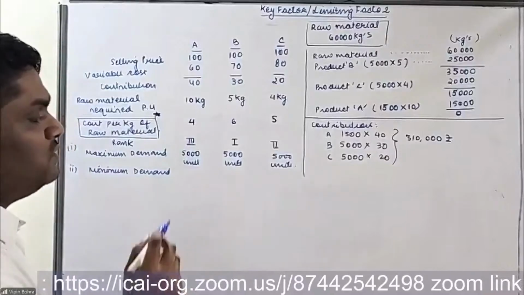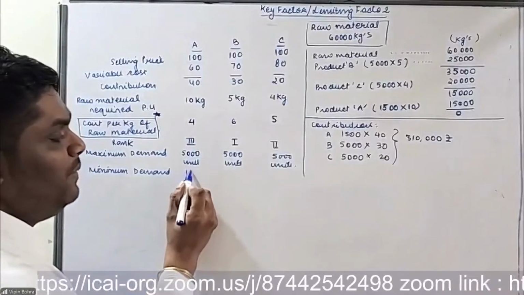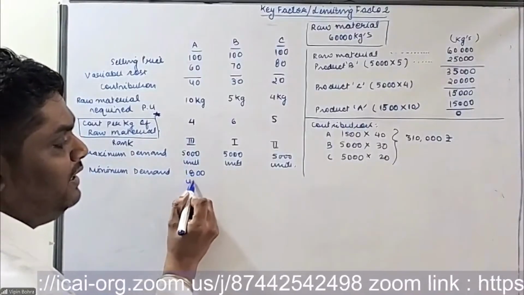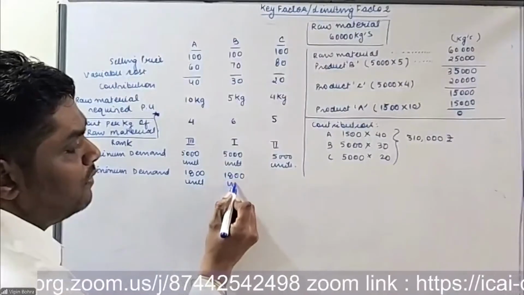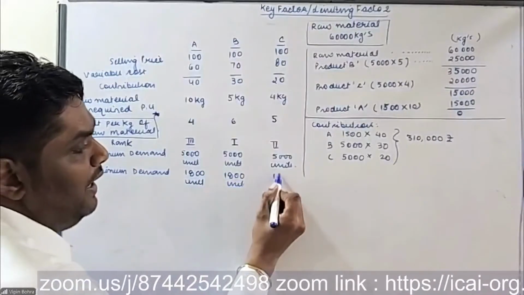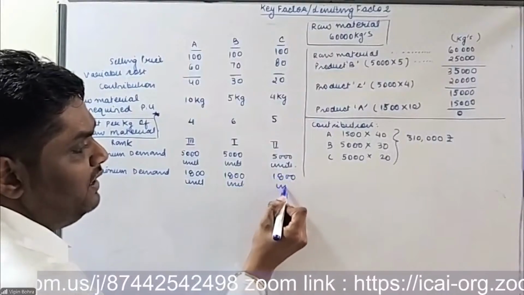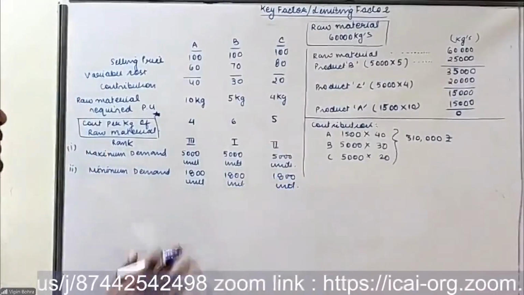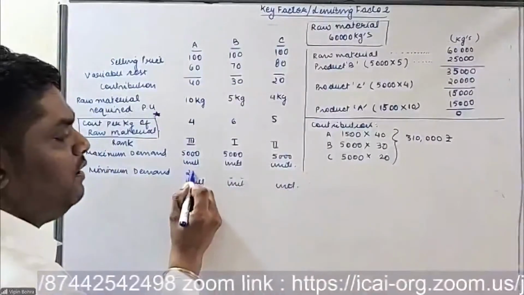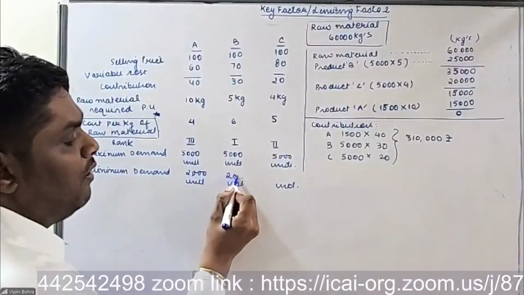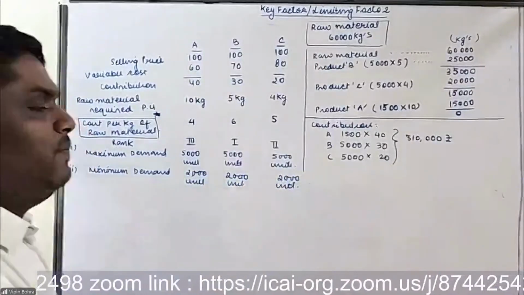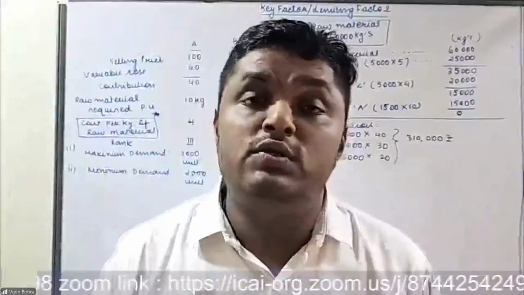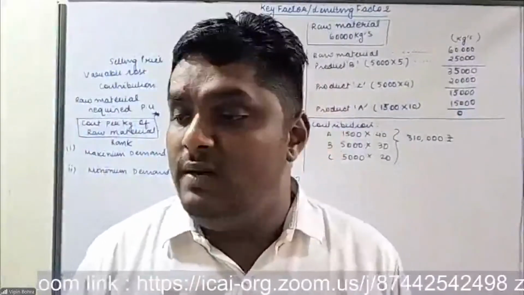That is, at least you have to manufacture 1800 units of every product, or let's keep it 2000 only. At least you have to manufacture 2000 units of every product. मतलब आपको इतने units तो हर product के manufacture करने ही पड़ेंगे.